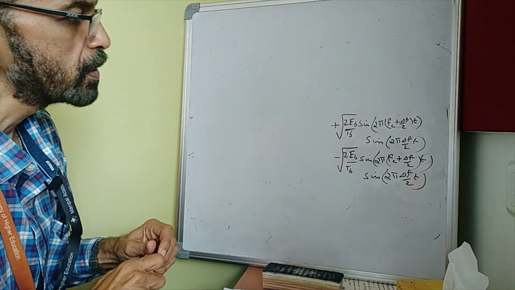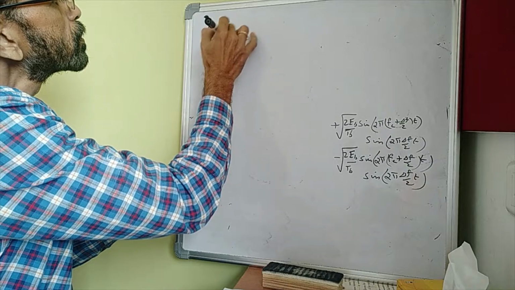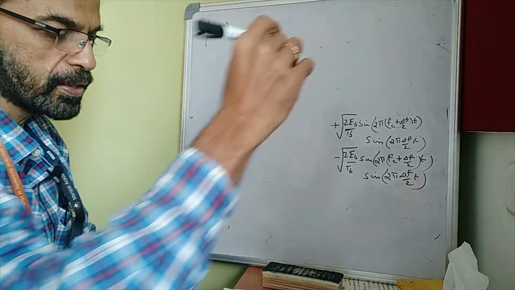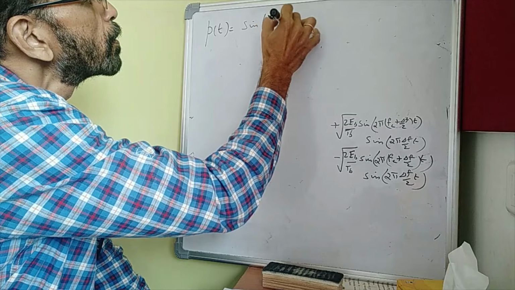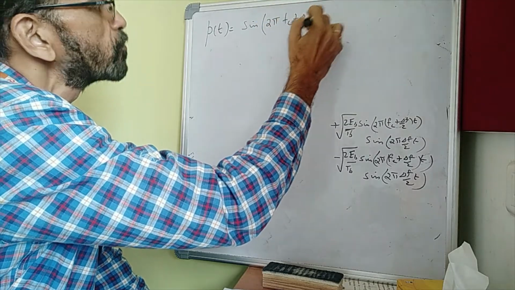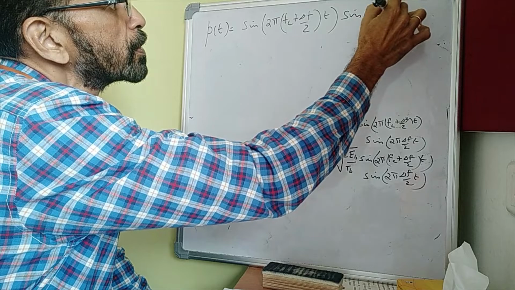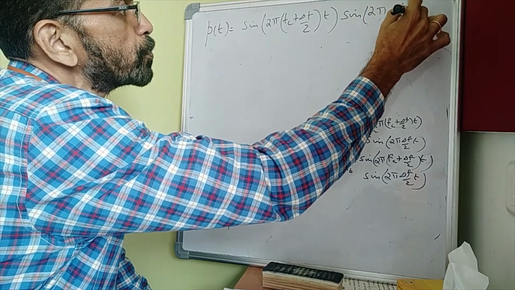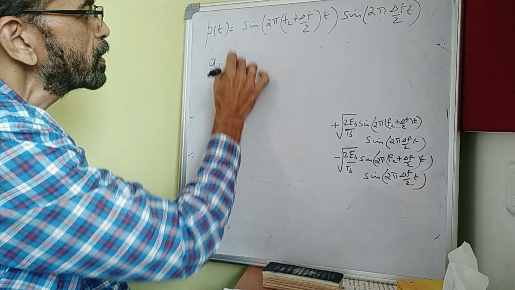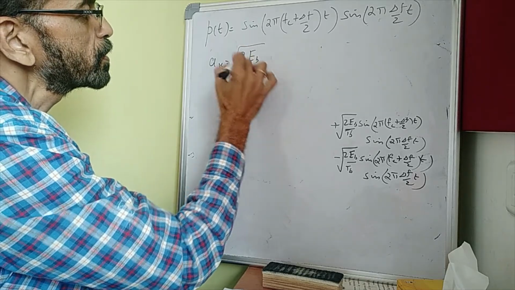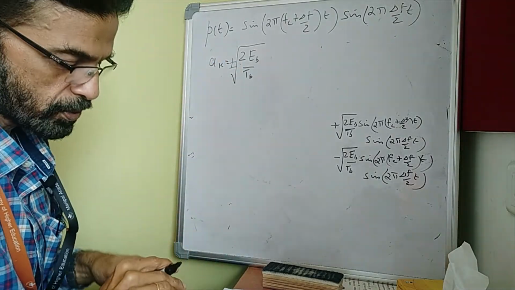Now what we do is we will take p(t), the basic pulse, as equal to sin 2 pi (Fc plus delta f by 2) t into sin 2 pi delta f by 2 t, and A_k will be, and I have explained these terms earlier, A_k will be root 2 EB by TB. A_k will be this, and of course plus or minus depending on which.